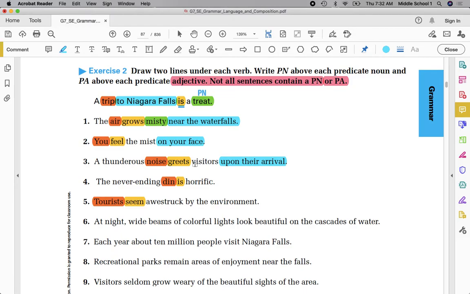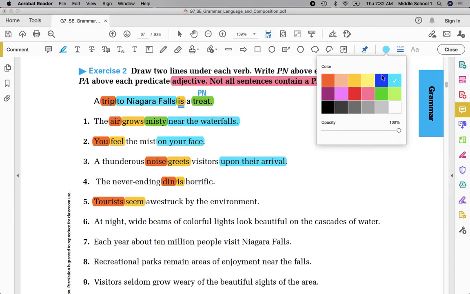No. Visitors, like mist, is a direct object. Number 3 does not have a subject complement, predicate noun, or predicate adjective. Number 4: The never-ending din is horrific.